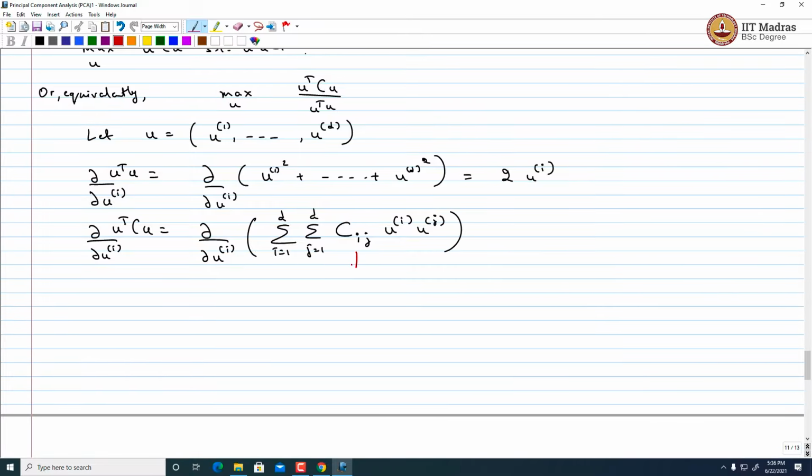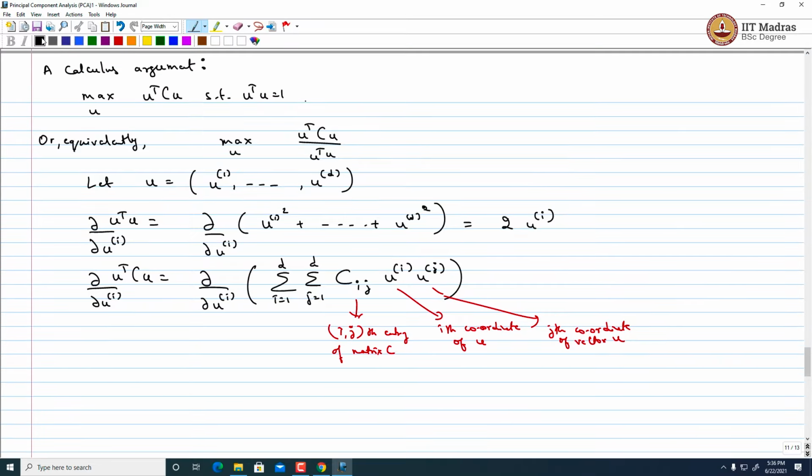Just recall, don't get confused: this is the ijth entry of matrix C, this is the ith coordinate of u, and this is the jth coordinate of vector u.